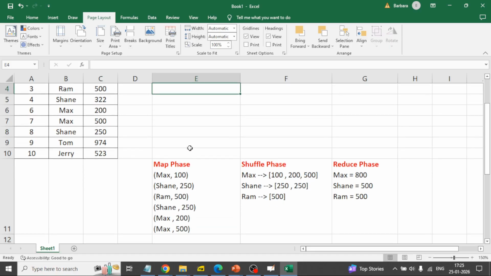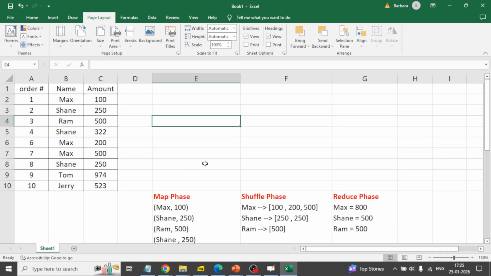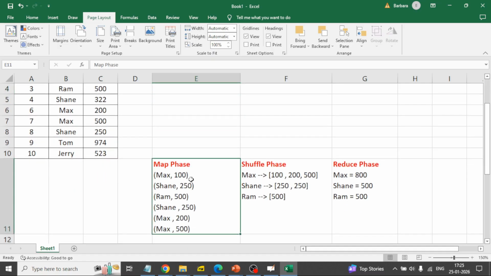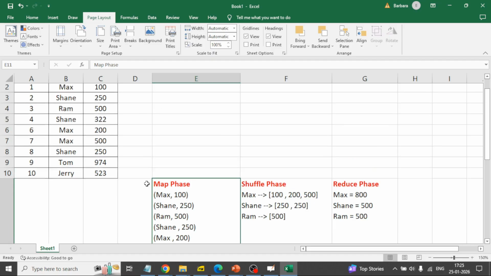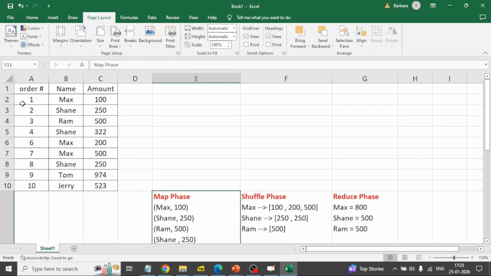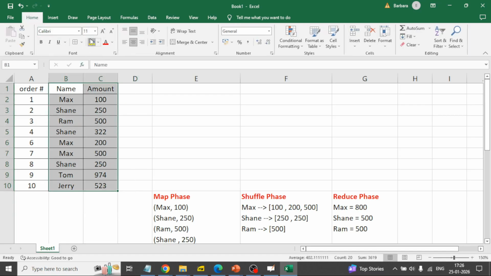Now let's first understand what the map phase does in MapReduce. It just produces a key value pair like we have discussed. It will come to row number 1, and let's consider only name and amount here, for our understanding.